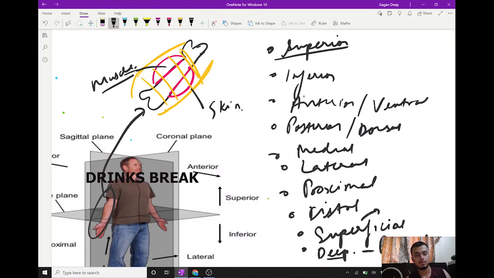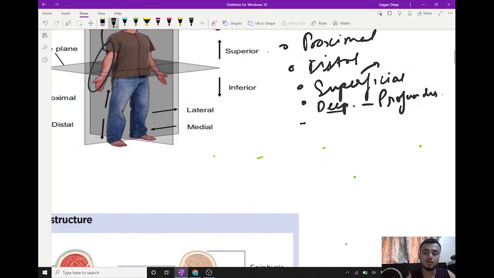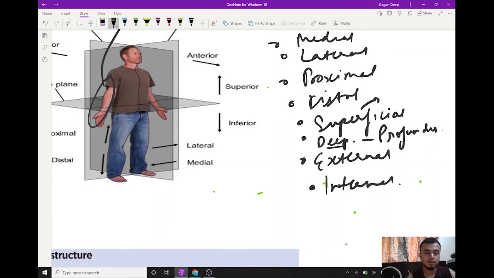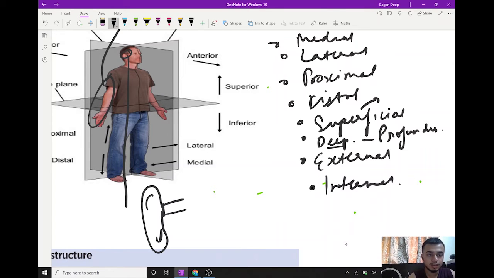Now we are gonna talk about external and internal. Let me draw the ear over here. On the outer side, this is our external ear, and inside our head there's a middle ear and then the internal ear structure. Now this structure is inside our head, so it is known as internal.